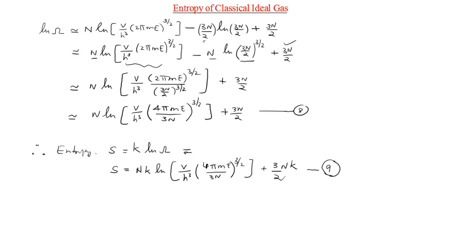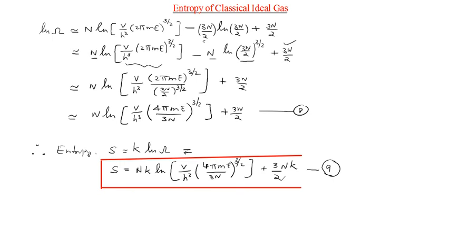And see that this is a very special equation, so I just box it for the time being. So this is a very relevant result that we have obtained by using statistical methods.